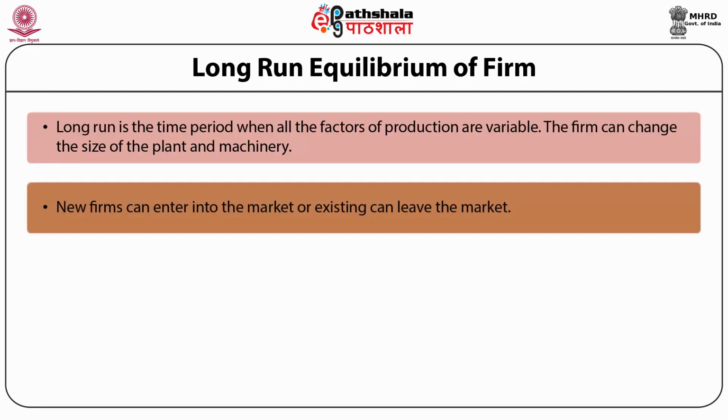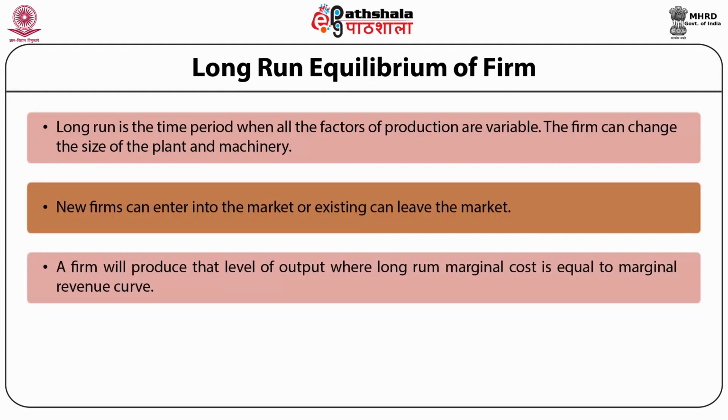New firms can enter the market or existing firms can leave the market. A firm will produce that level of output where long run marginal cost is equal to marginal revenue.